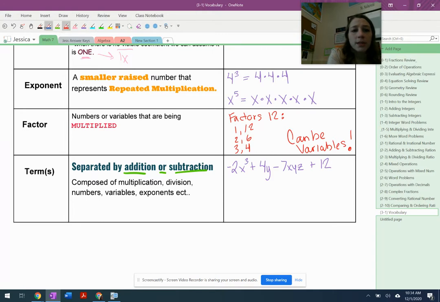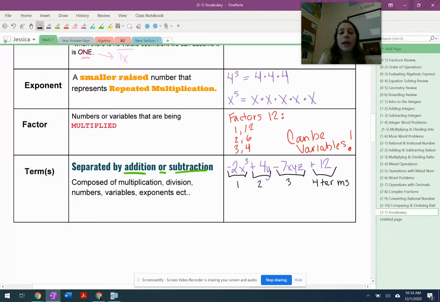So something like this has one term, two terms, three terms, four terms. So this example has four terms. And that makes sense because each one of those is separated by a plus sign or a minus sign. We have negative 2x cubed, then the positive 4y, then the negative 7xyz, and then the plus 12.